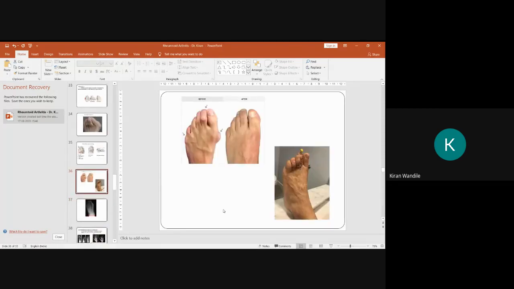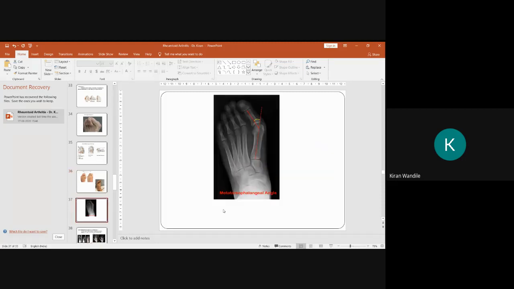So these are the photographs of hallux valgus. You can see in the first photo there is a formation of bunion, and then there is a correction after bunionectomy, and the hammer toe is also corrected. You can see on the second photograph the correction of the hammer toe by putting a wire.